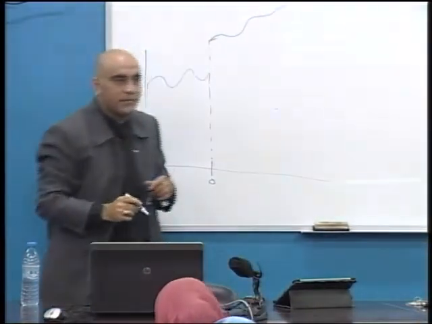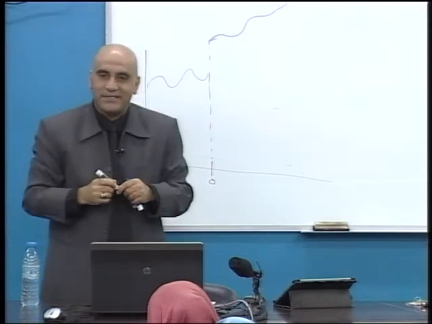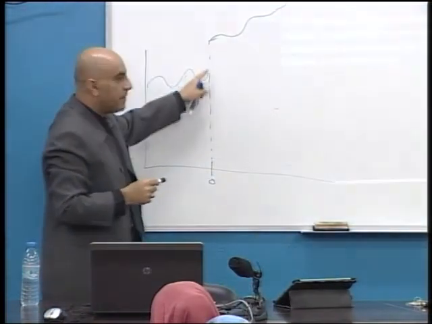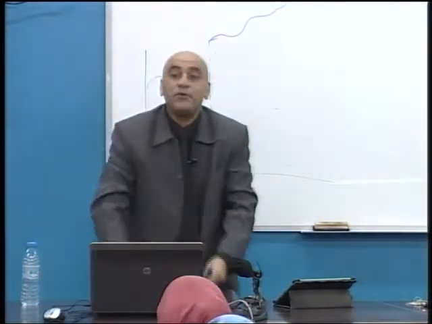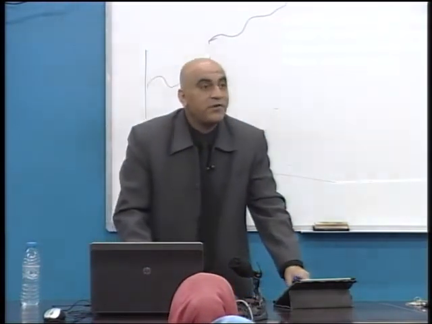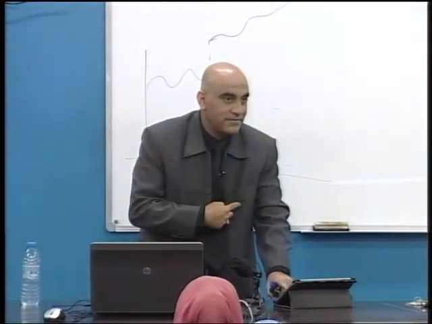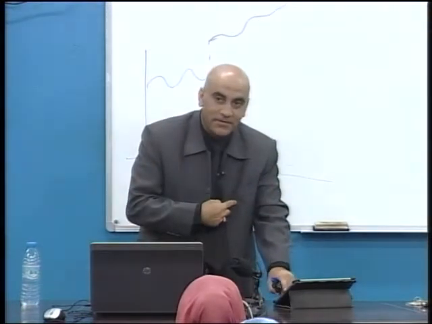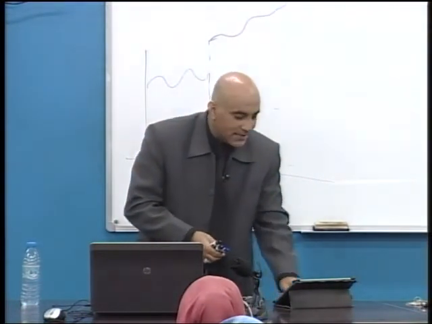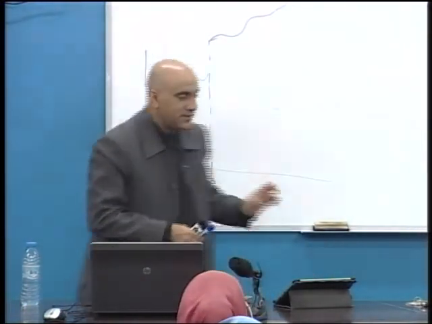You see? The price, on time, jumps to the top. Because if people know about the information, they take actions before the event. I will show you how things go. This is in efficient markets.